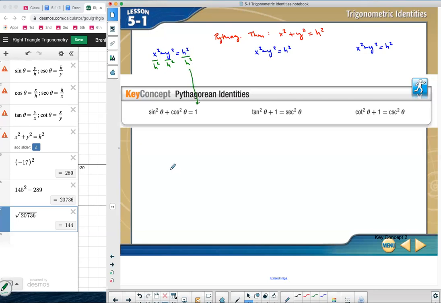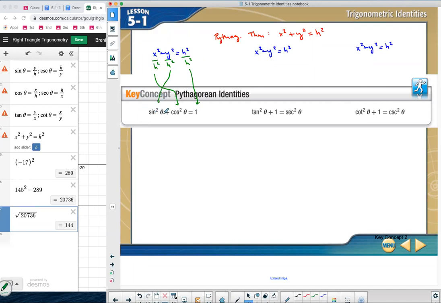So anything divided by itself is 1. Well, x divided by h would be cosine. So x squared divided by h squared is cosine squared. Just the same, y divided by h would be sine. So therefore, y squared divided by h squared would be sine squared.